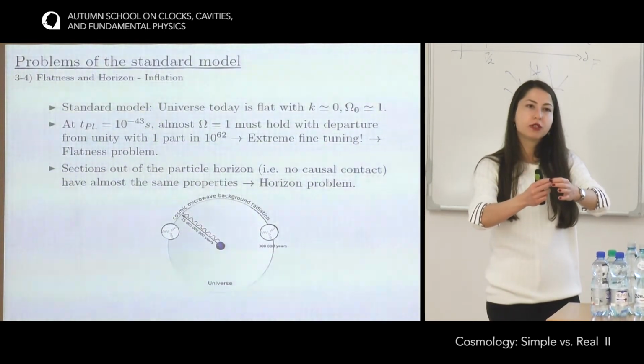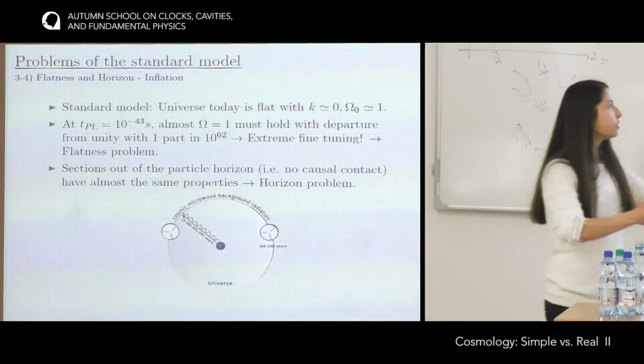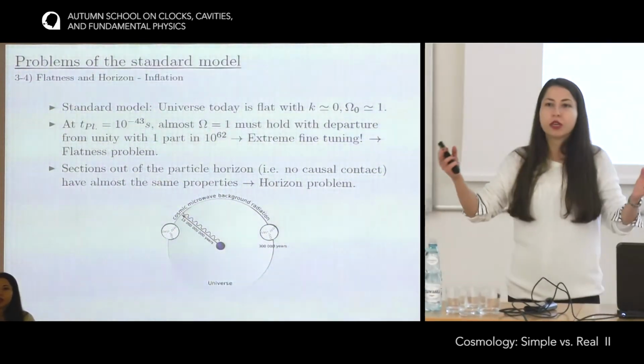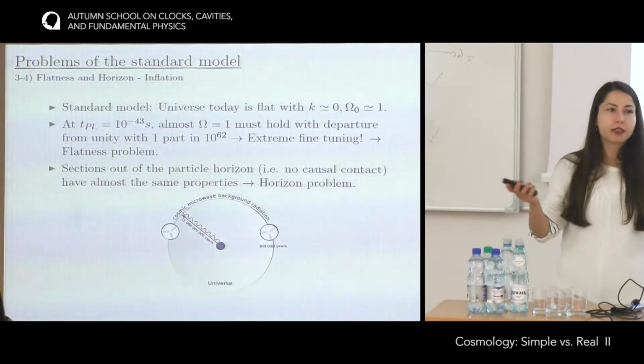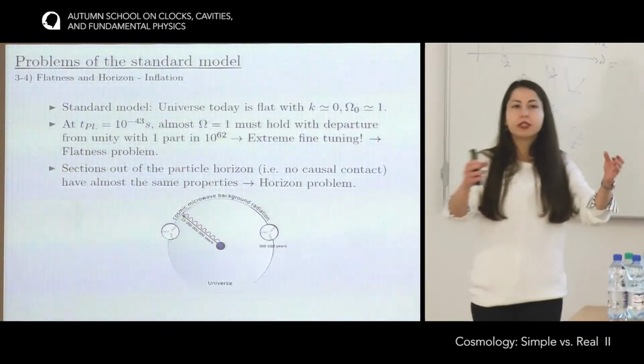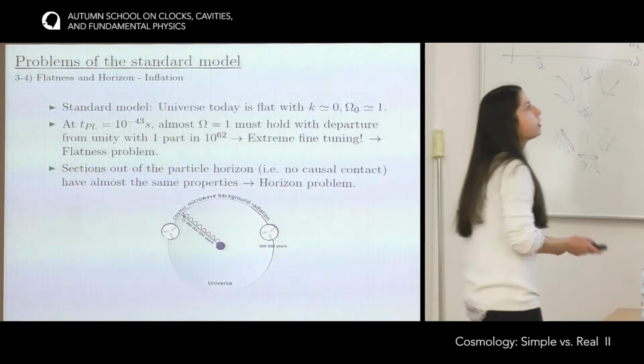That doesn't make sense because the data shows that the distribution is almost the same over the sky. So this is called the horizon problem: regions which weren't in each other's particle horizon have the same properties.